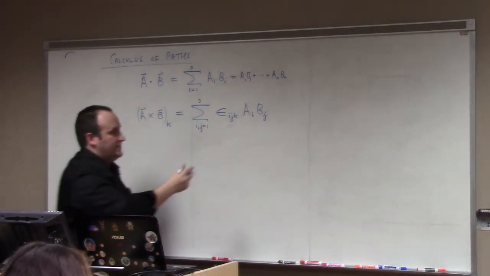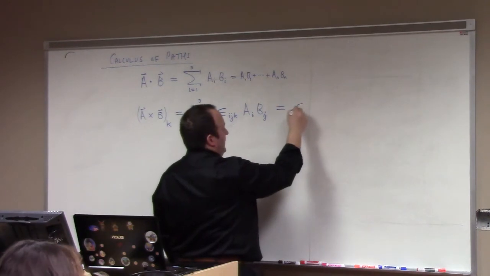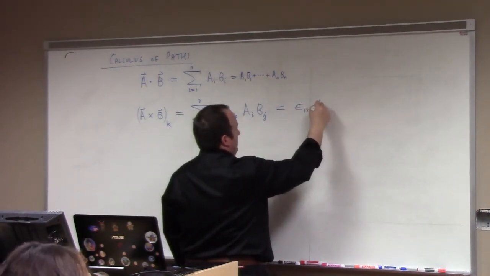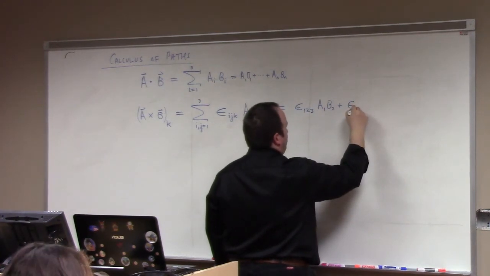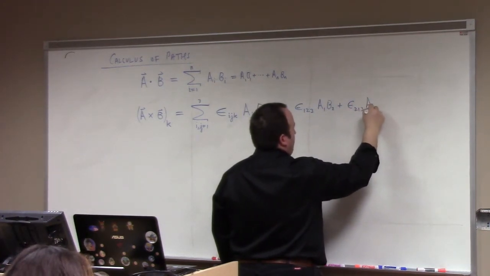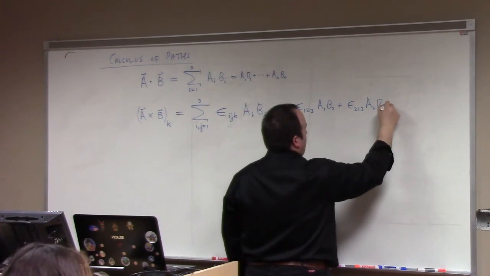This is nothing more than epsilon 1, 2, 3, A1, B2, plus epsilon 2, 1, 3, A2, B1, and so forth.